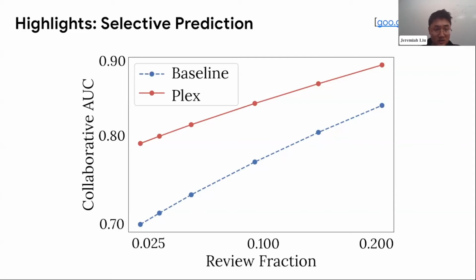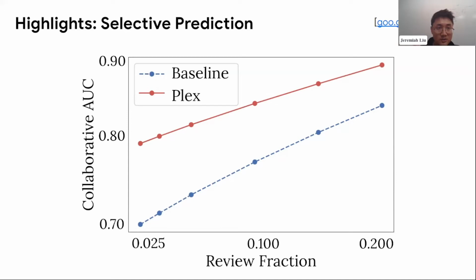What we see here is a performance plot where the x-axis is review fraction, meaning the maximum percentage of the data we allow the model to abstain on, and the y-axis is collaborative AUC. That is essentially the overall AUC, but with the percentage of abstained examples being flipped to correct, as if the model handed this prediction to a human expert and asked them to give the correct prediction.